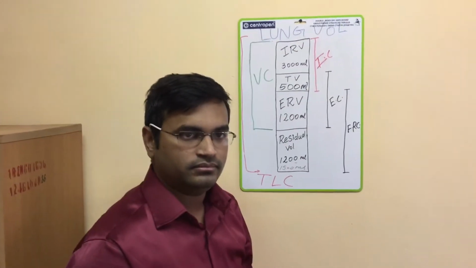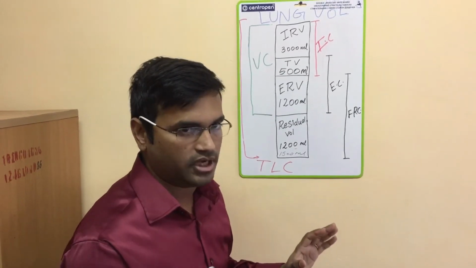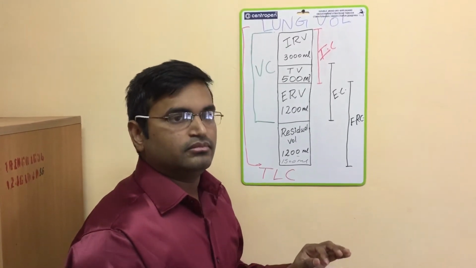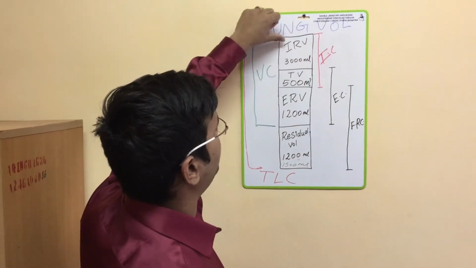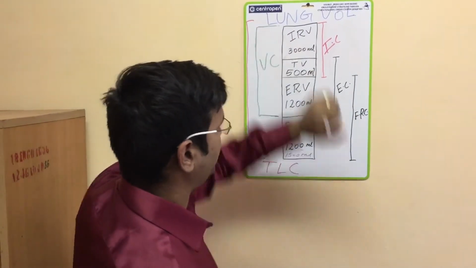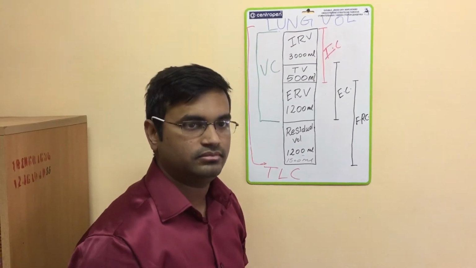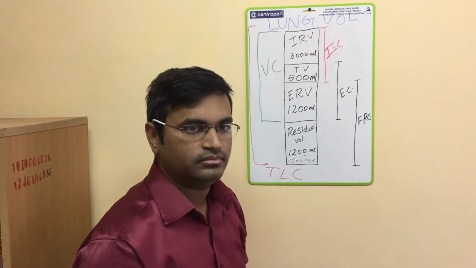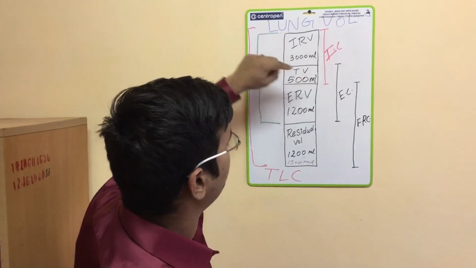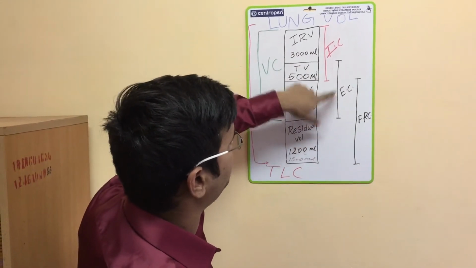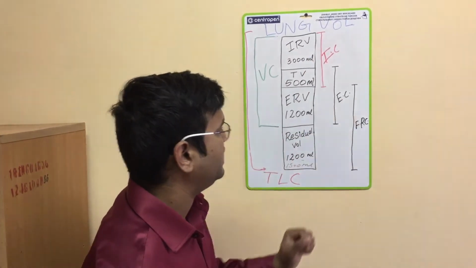Then expiratory reserve volume plus the tidal volume is the expiratory capacity.